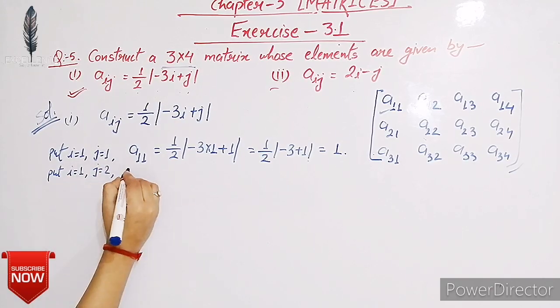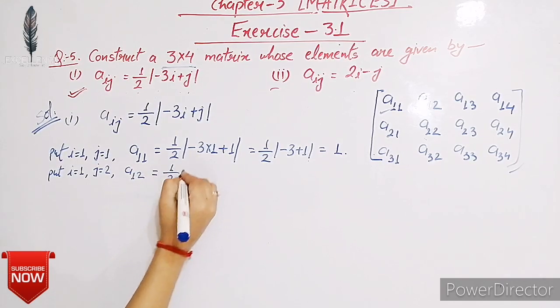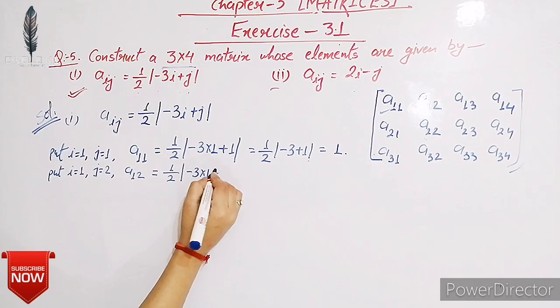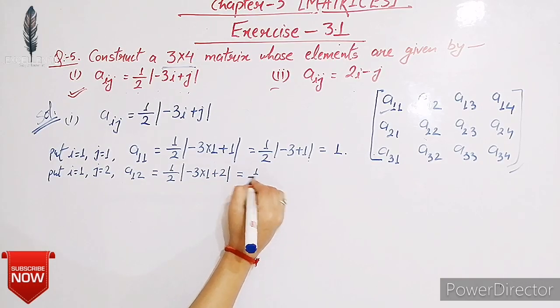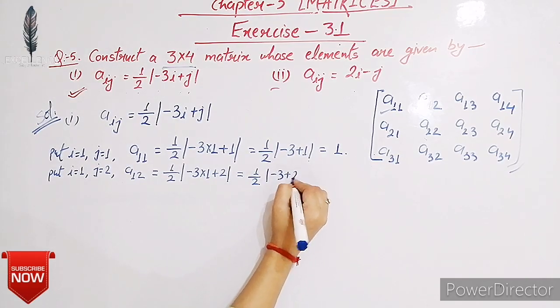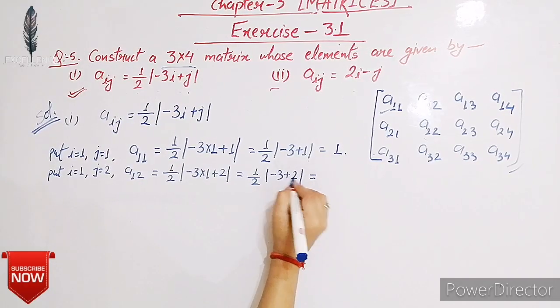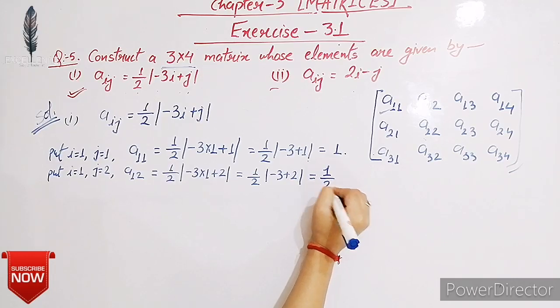Second, put i equals 1, j equals 2, that is A12. A12 is equals to 1 by 2 in mod minus 3 into 1 plus 2 is equals to 1 by 2 mod minus 3 plus 2, that is equals to minus 3 plus 2 is equals to minus 1. It changed into positive, that is 1 by 2.